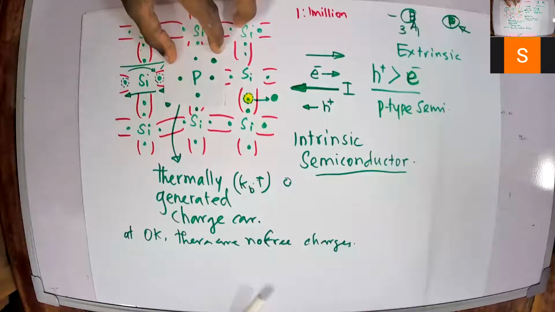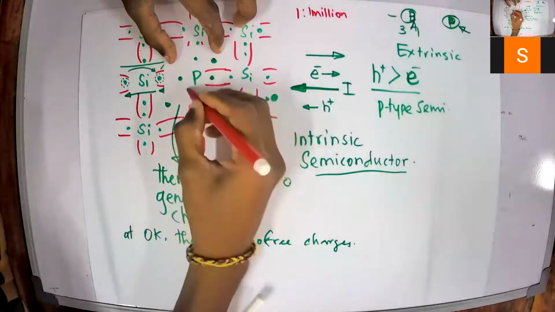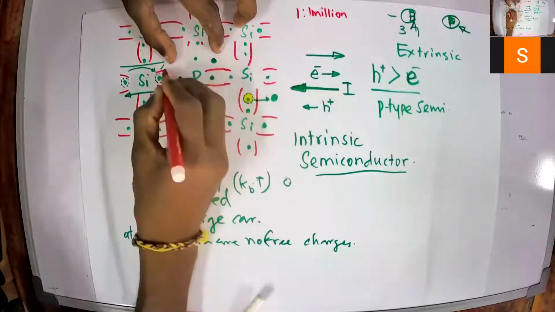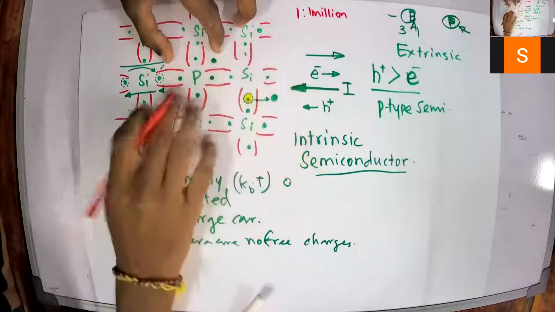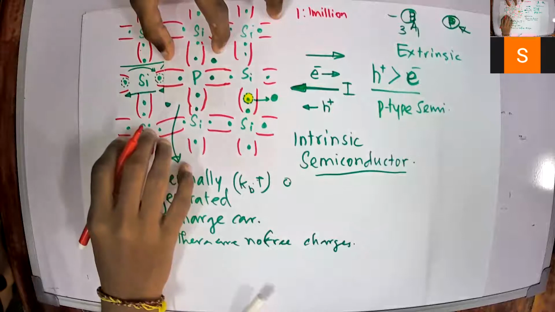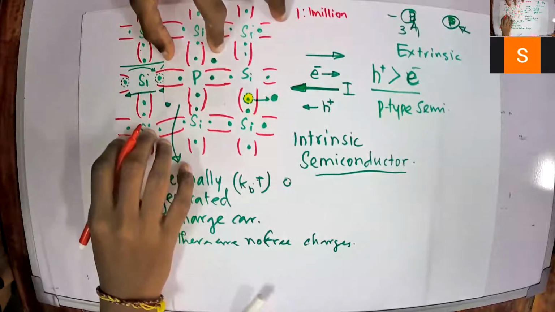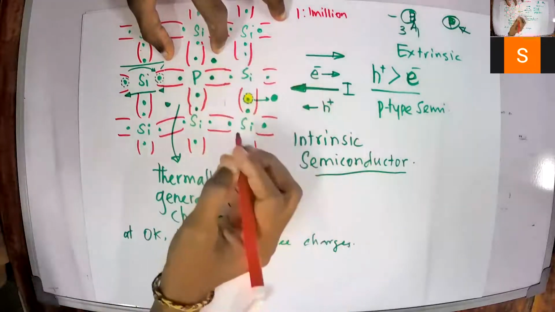Am I right? So these will be contributed in the bonds, right? The 5th electron will be left alone in the crystal structure, and that will be freely moving.